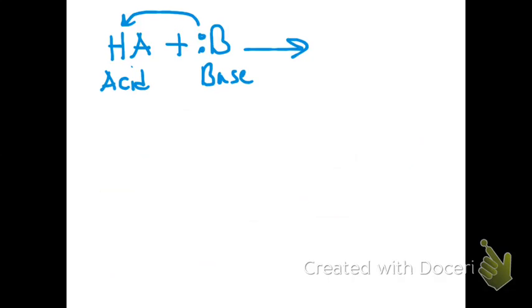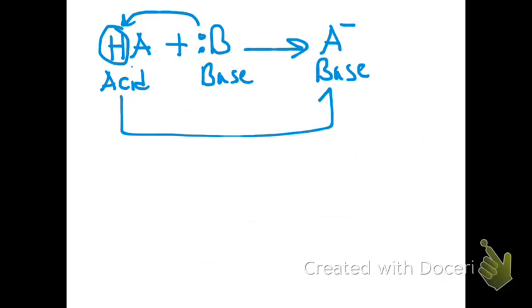So if the acid loses this H plus, then it's going to become A minus. So this is now a base. My acid now becomes a base, or a conjugate base. So this is the acid-base conjugate pair. So we call this a conjugate pair.